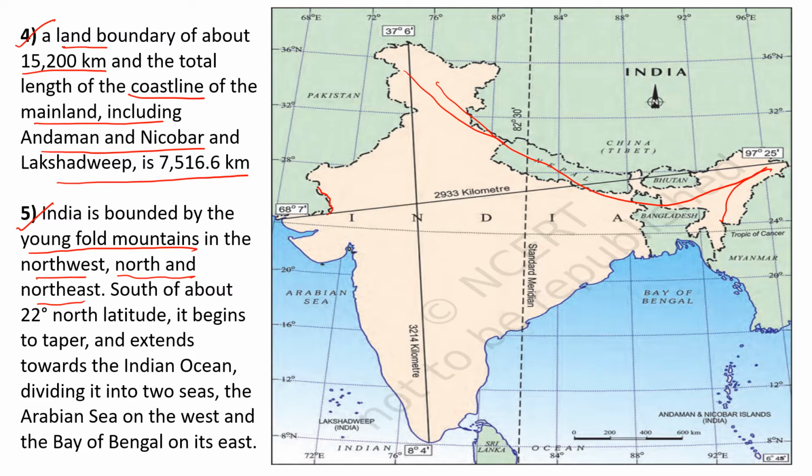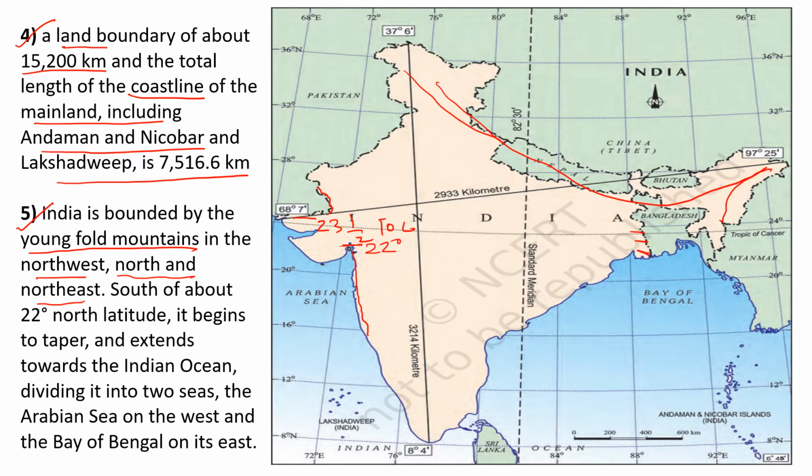South of about 22 degree north latitude, it begins to taper. This is 23.5, the Tropic of Cancer. Near around 22, downward, it begins to taper.